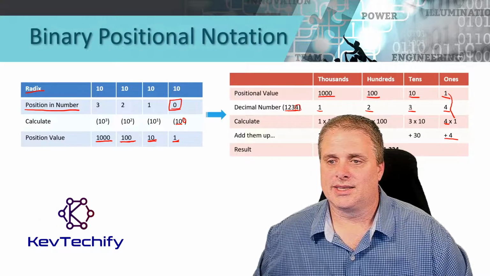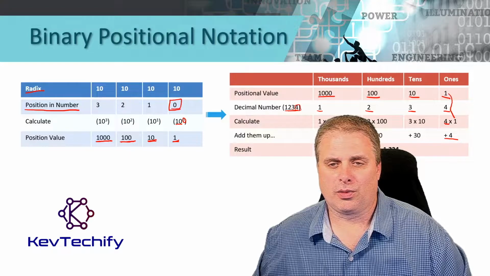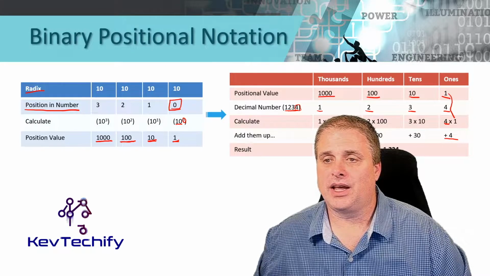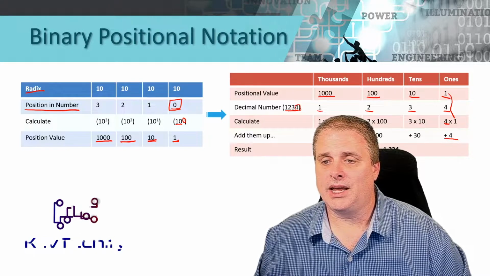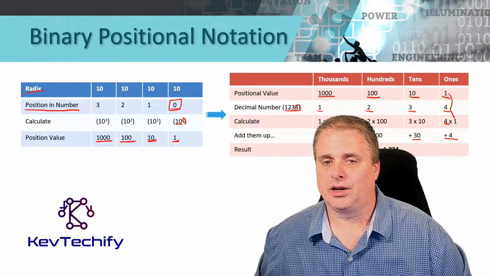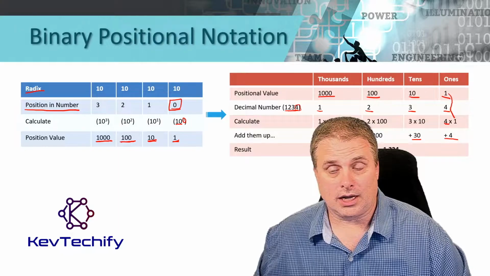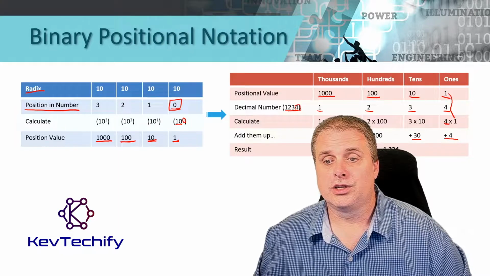Then we take the second number from the right, which is our 3 here. We take the 3 times the positional value of the column. So 3 times 10 gives us a value of 30. We take the third number from the right, this is a 2, and place it in the hundreds column. 2 times 100 gives us 200.